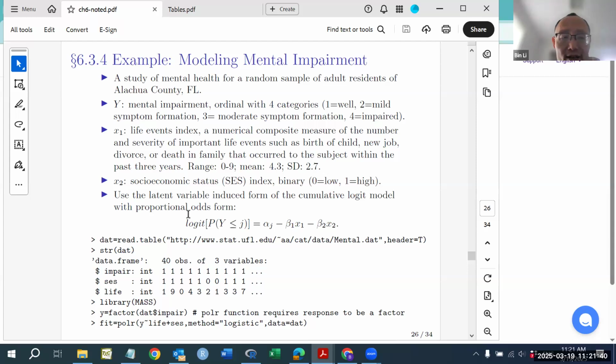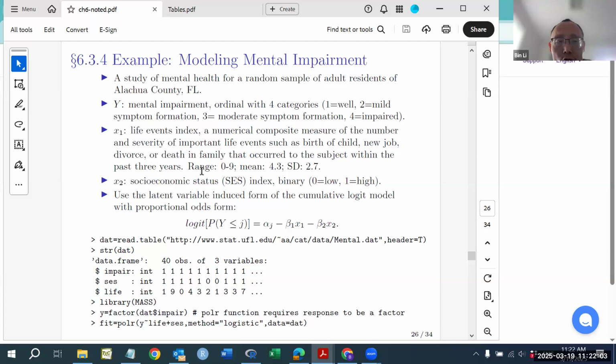Okay, and X2 is the socioeconomic status, SES. So 0 means low and 1 means high. So we can use the latent variable induced form for the cumulative logit model with proportional odds. We can use this model.